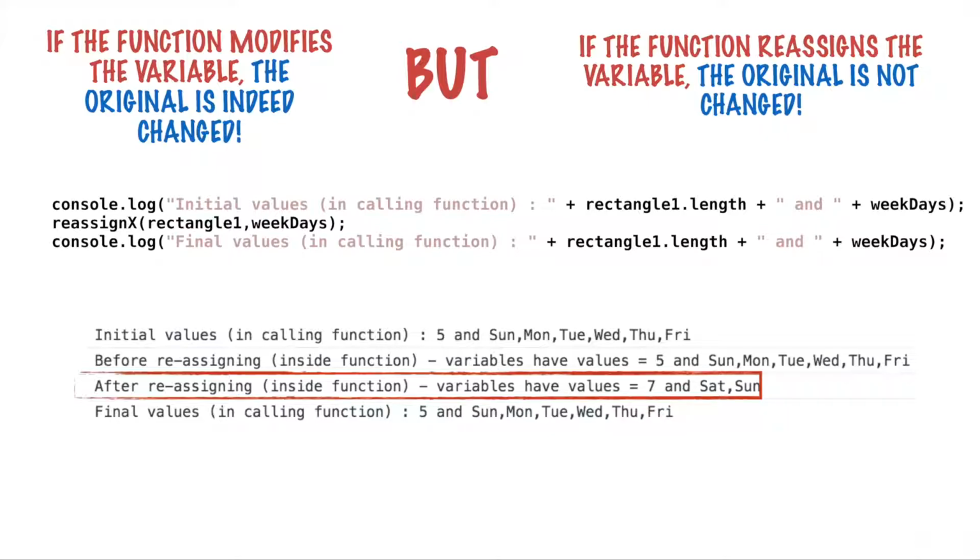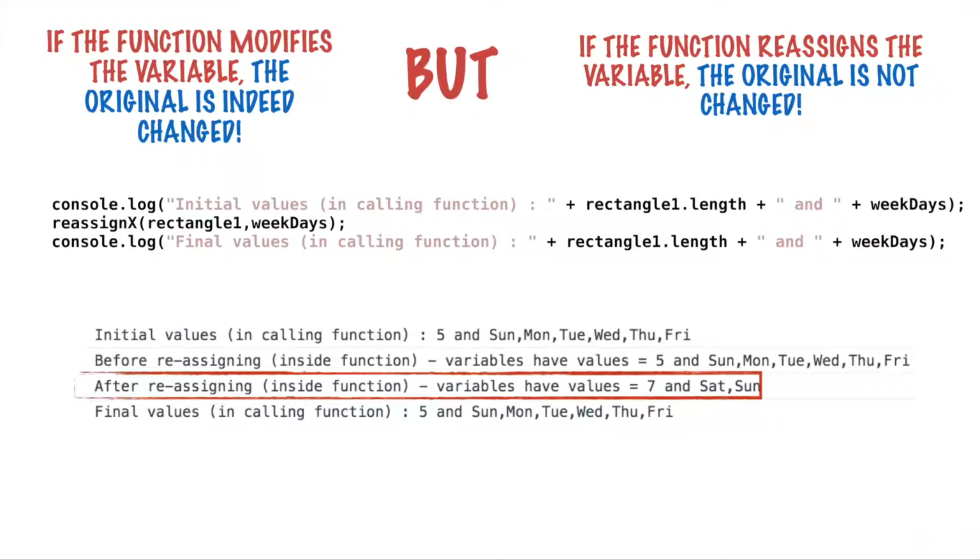And you'll see, after reassignment of the rectangle object and the weekdays array, the new values of rectangle and weekdays within the reassign x function has rectangle.length equal to 7. That's because the new rectangle has length 7 and weekdays is just equal to Saturday and Sunday. Those are the new reassigned values.